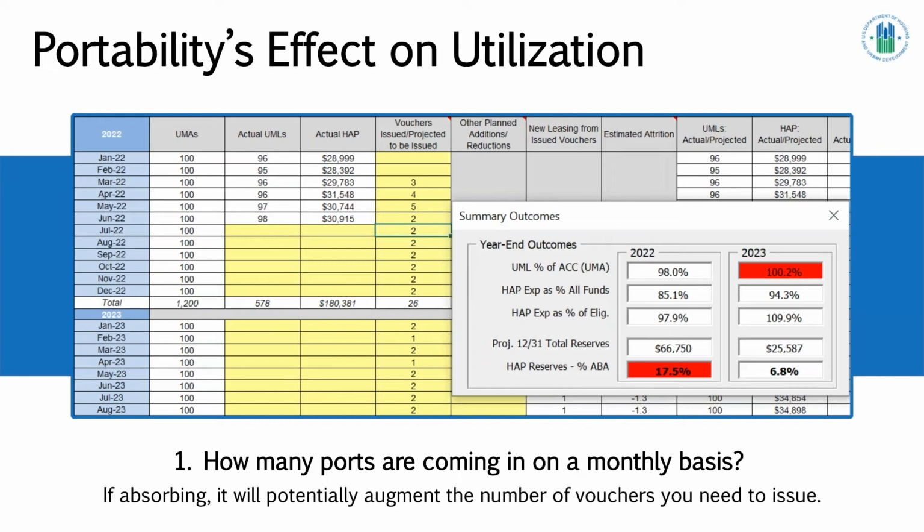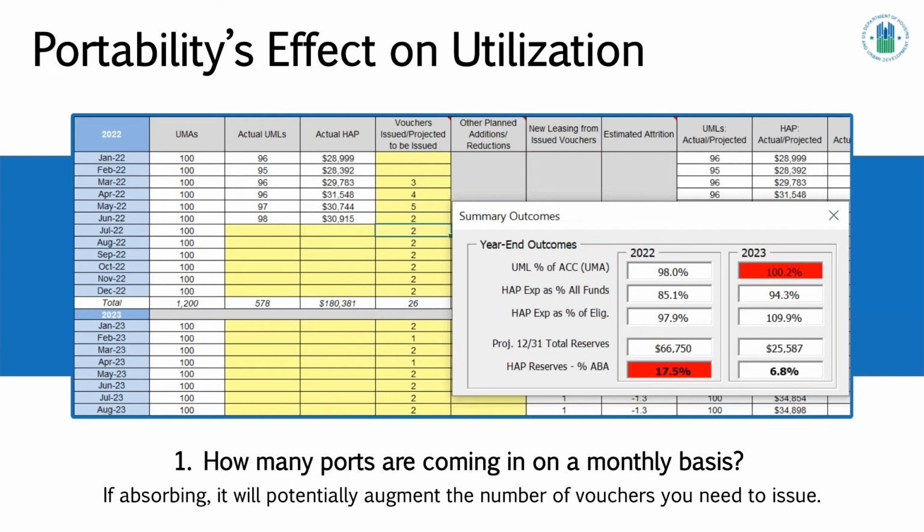When you're looking at portability's effect on utilization, you need to know how many ports you have coming into your program. If you are a PHA that has just been blindly absorbing any port that comes in, you don't really have a good idea of how many are actually coming in and leasing up in your jurisdiction.